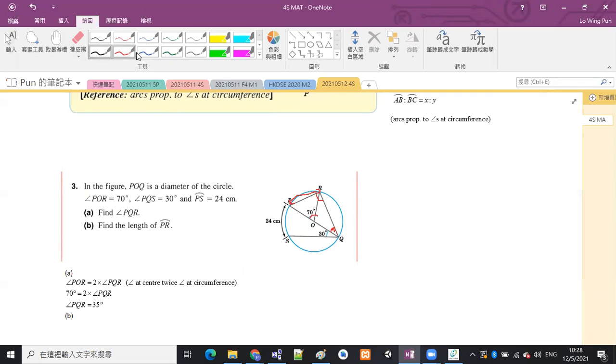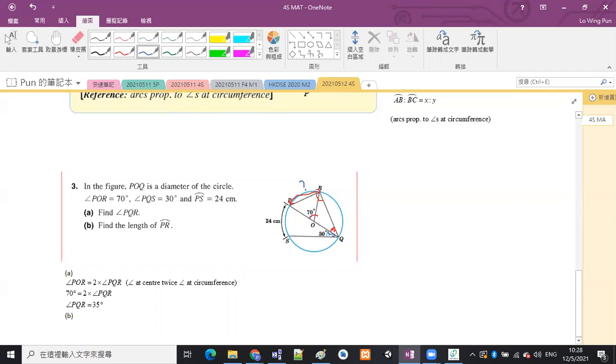So this time I want to find the length of this arc. Okay, we have the length of the other arc, right? So we are going to form a ratio, but we need to find out which angles are looking at these two arcs first. 24 cm is looked at by the angle 30 degrees.